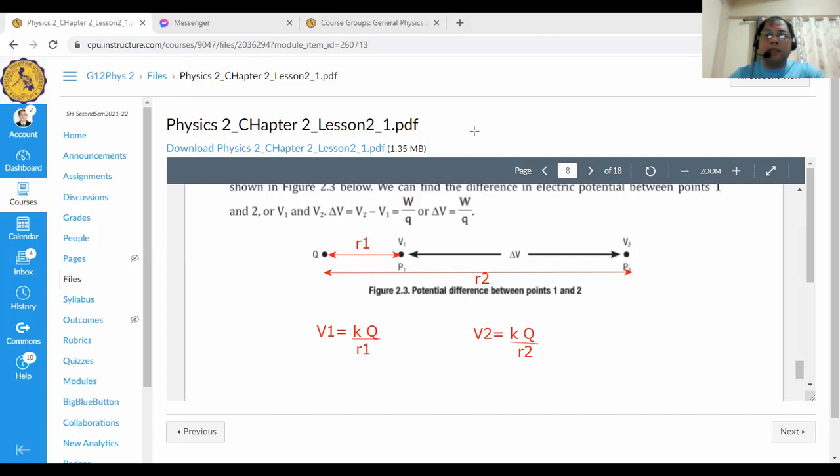Okay, there's a question in our chat box. Let me see that. So the unit of our electric potential is in volts.